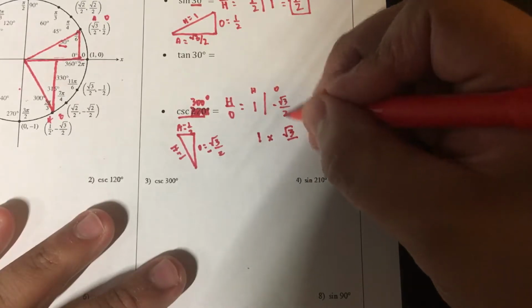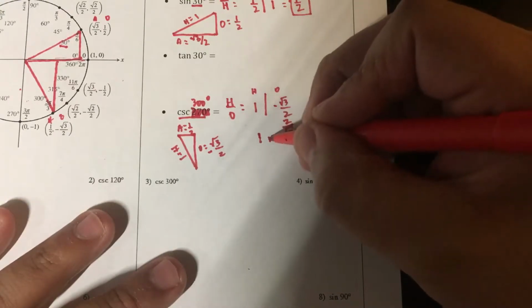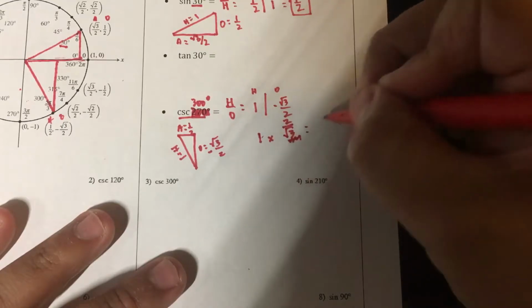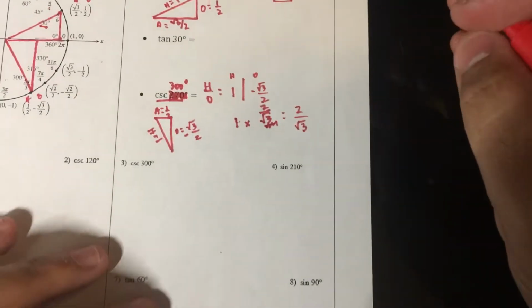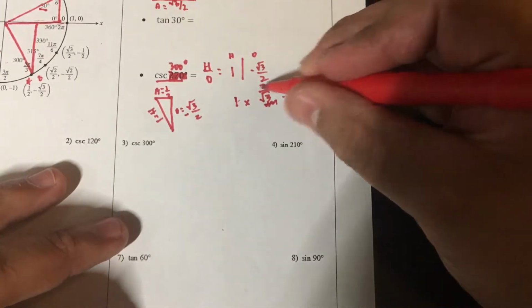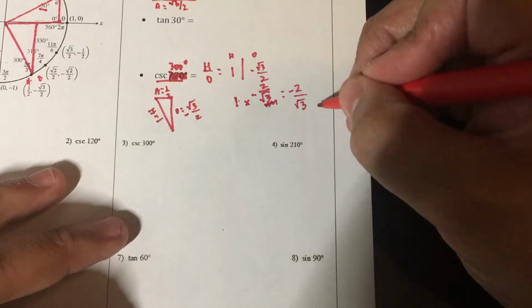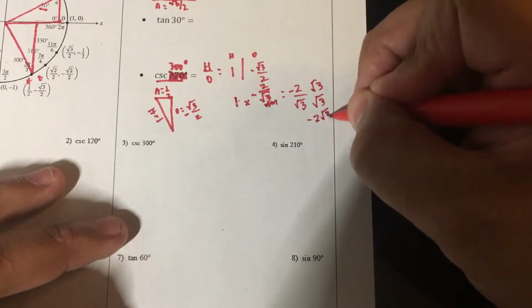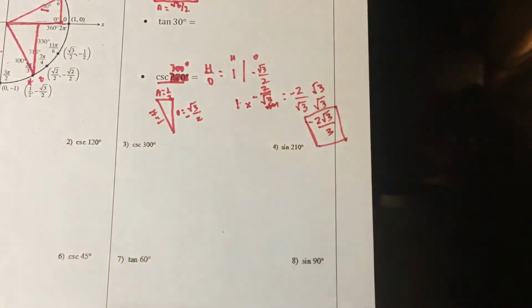So if this was square root of 3 over 2, now it becomes 2 over square root of 3, and change the division to a multiplication. So now this is 1 times 2, which is 2, over 1 times square root of 3, which is 2 over square root of 3. Okay, and the only thing, negative. I can't have square roots on the bottom, so I'm going to go ahead and multiply by square root of 3. So this final answer is negative 2 square root of 3 over 3. That should be the final answer.